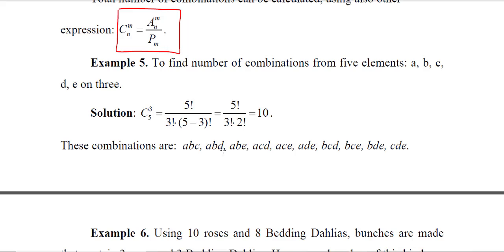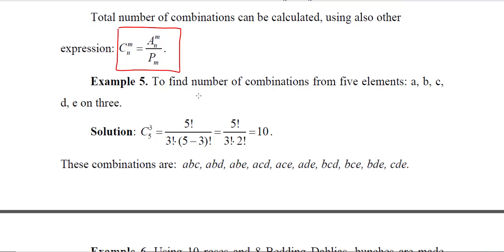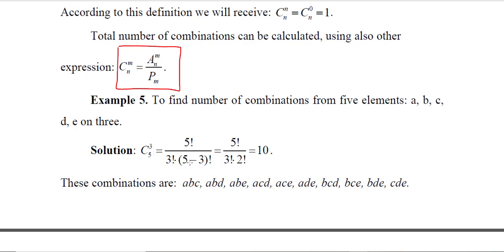If you take ABC, we couldn't take BCA or CBA. So the combination is 3 from 5, and by the formula it is 5 factorial over 3 factorial times 5 minus 3 factorial, and we get this answer: 10.